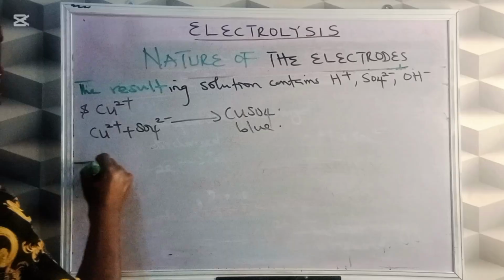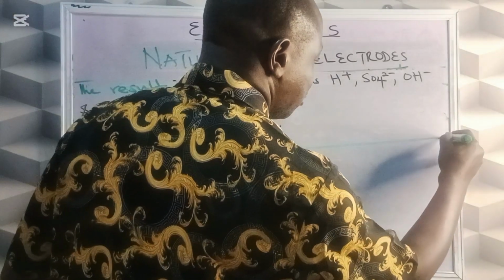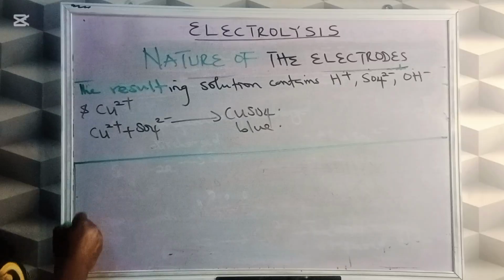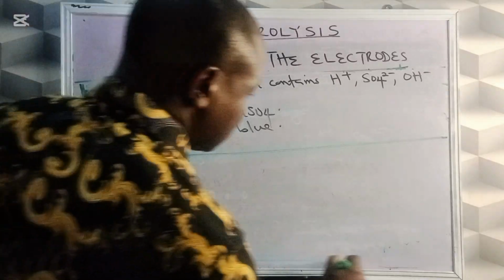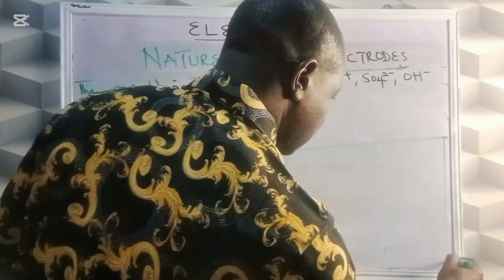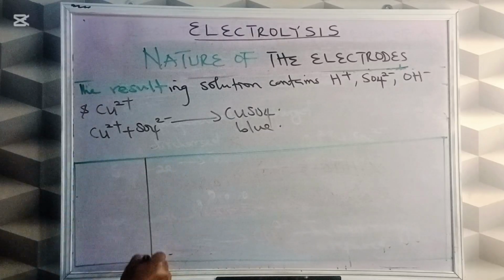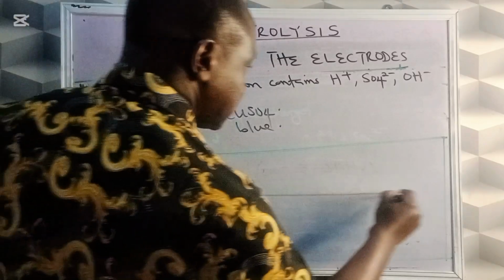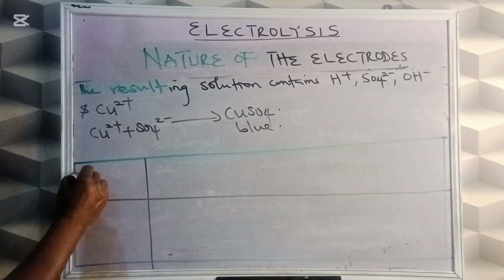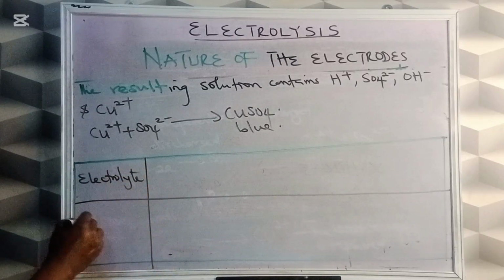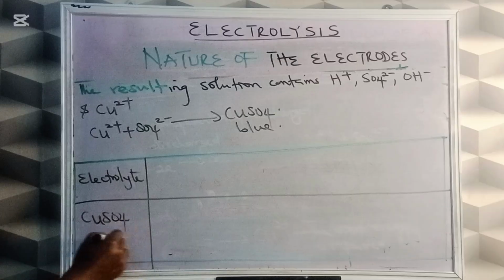If I have to put this in a tabular form, it will be in this form. I will say electrolyte: copper 2 sulfate solution.